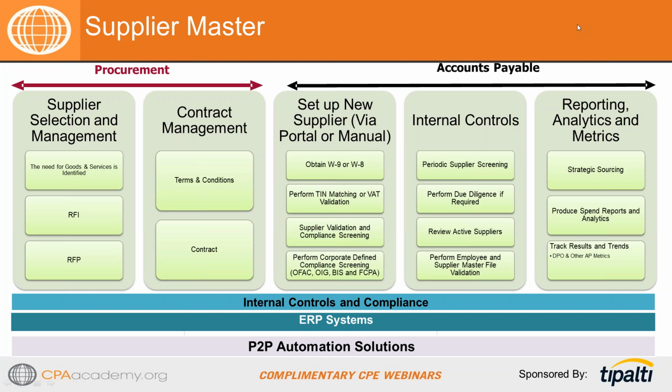That's a mandate from the Department of Treasury. OIG stands for the Office of Inspector General, and that's required for healthcare and education usually. OFAC is a requirement for all industries. BIS is the Bureau of Industry and Security requirement.